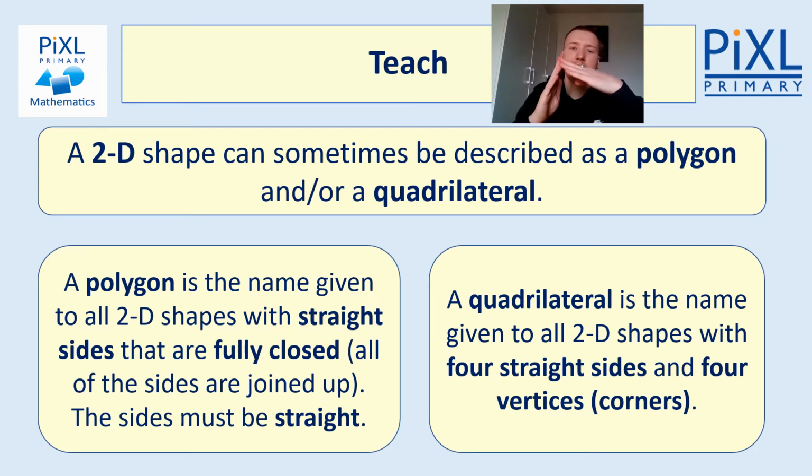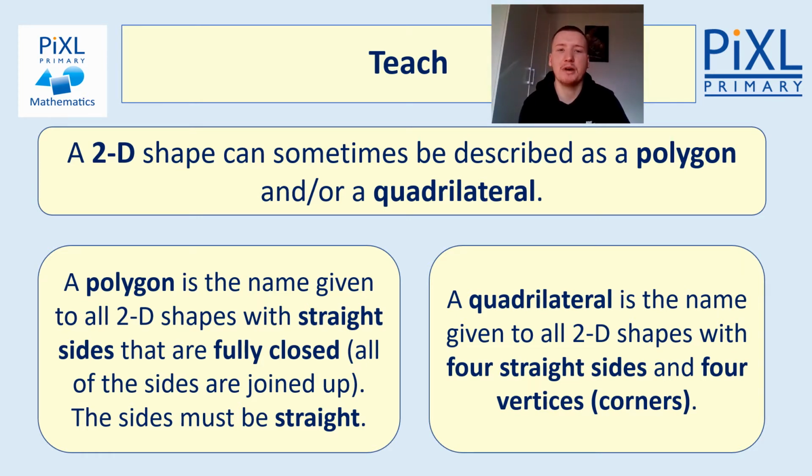So, for example, if you get to the vertex in the corner and it actually breaks, it cannot be a polygon, okay? And also all the sides have to be straight. So for example, a circle has 1 curved side, so it's impossible for that to be a polygon 2D shape. The next word that we covered from last week was quadrilateral.